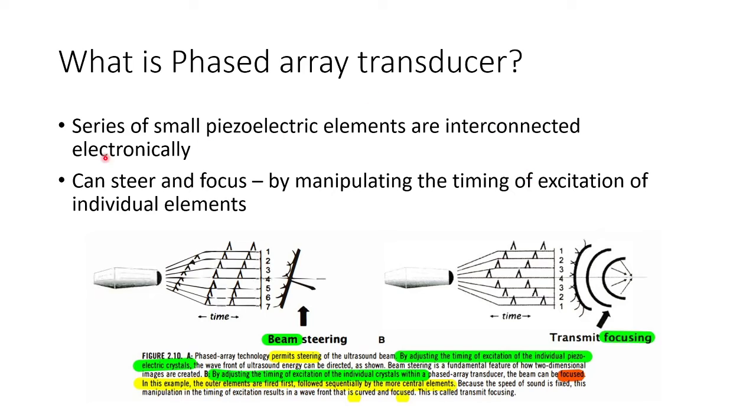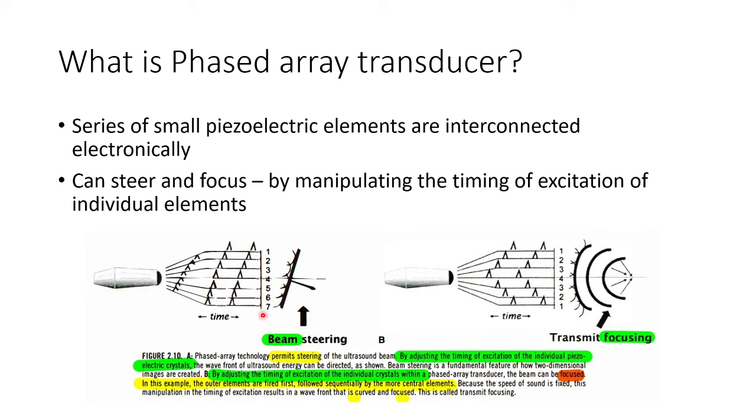Now, how does a phased array transducer work? It is like phase here. This is beam steering, and this is beam focusing. How does it do that? These elements are fired: when this one is fired first, then after a lag of time this one is fired, and it is fired like that sequentially, so that the wavefront is steered.